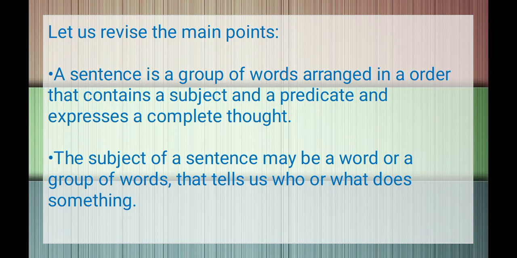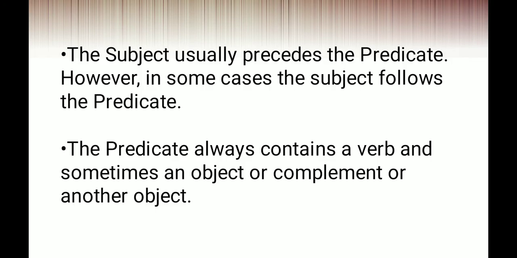Next, the subject of a sentence may be a word or a group of words that tells us who or what does something. The subject usually precedes the predicate. However, in some cases, the subject follows the predicate. The predicate always contains a verb and sometimes an object or complement or another object.